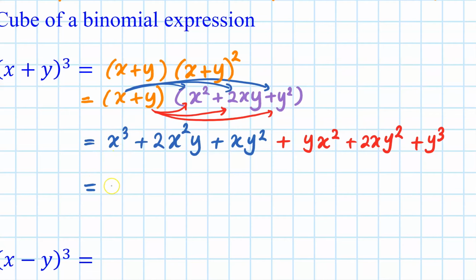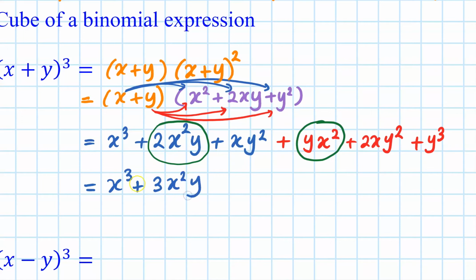So x cube by itself. If you look here, this term 2x squared y, and also yx squared, it's x squared y, so they are like terms. Hence we can write down, there are 2 here, 1 there, 3x squared y.